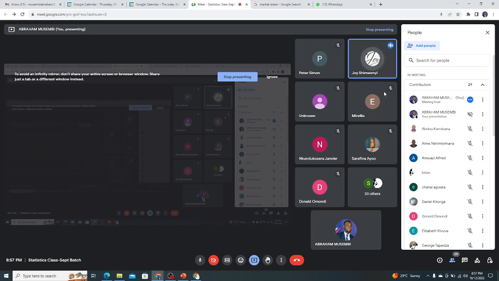Just a question. What happens if you have a really large data set and you're supposed to calculate these things? If you have a large data set, you cannot do it manually.